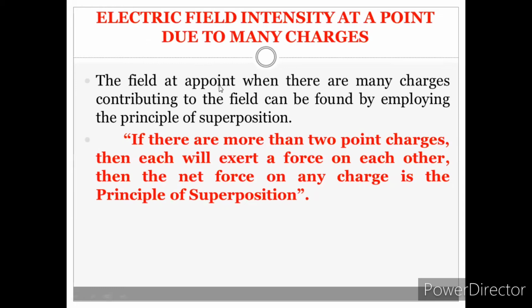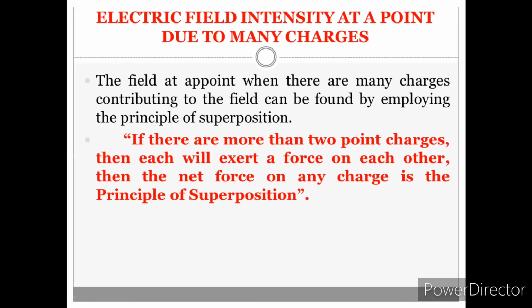The field at a point when there are many charges contributing to the field can be found by employing the principle of superposition. Superposition means we have to add all the forces exerted on that particular charge. So if there are more than 2 point charges, then each will exert a force on each other. Then the net force on any charge is given by the principle of superposition.